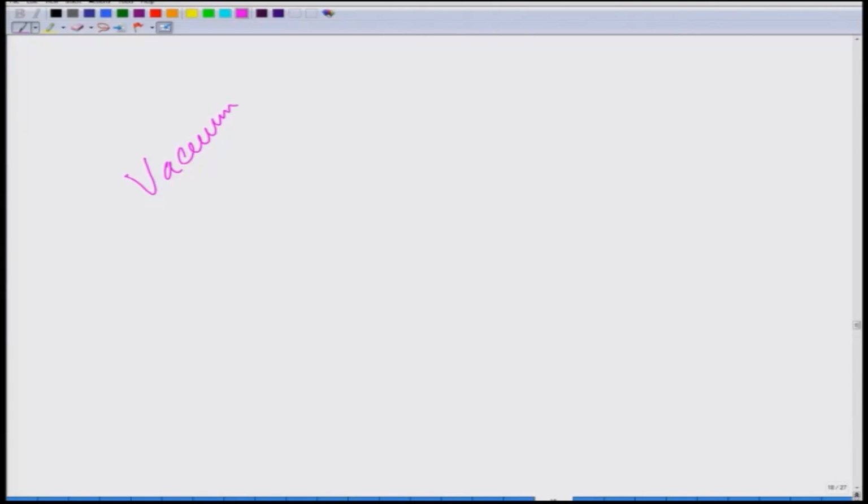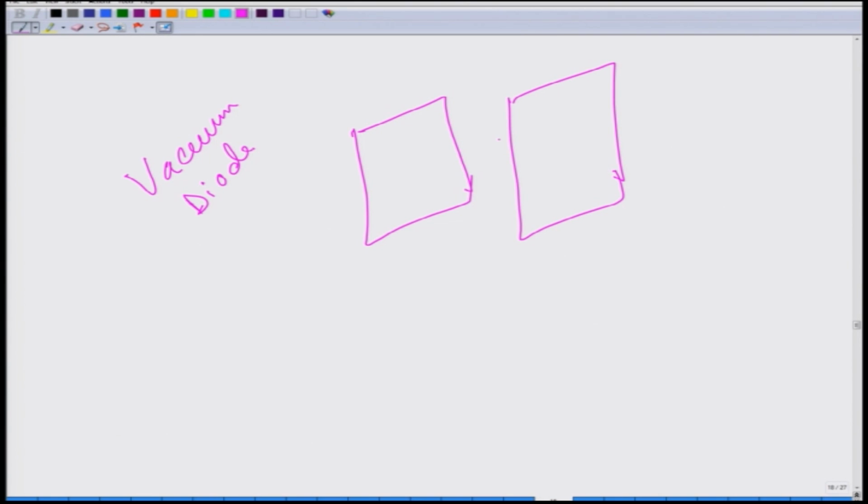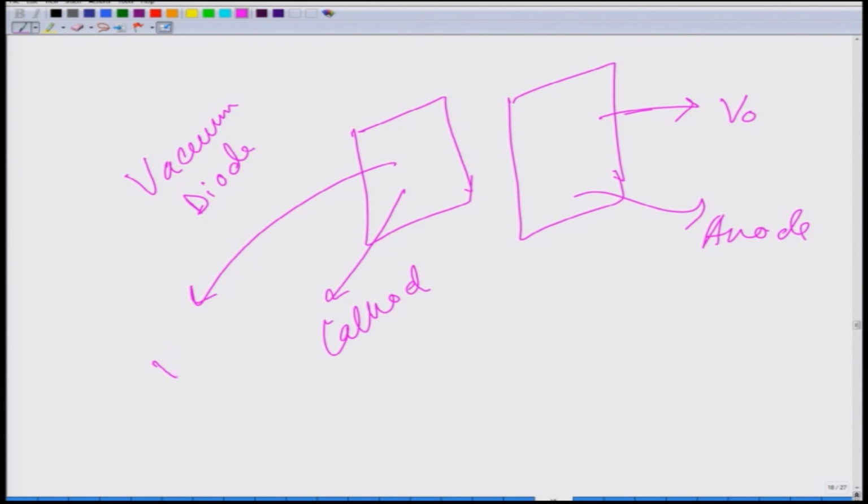But in case of a vacuum diode, what happens is space charge is built up very quickly in between these two plates. This is the cathode and this is the anode. This is kept at a positive potential, say V naught, and this is kept at potential V equal to 0.